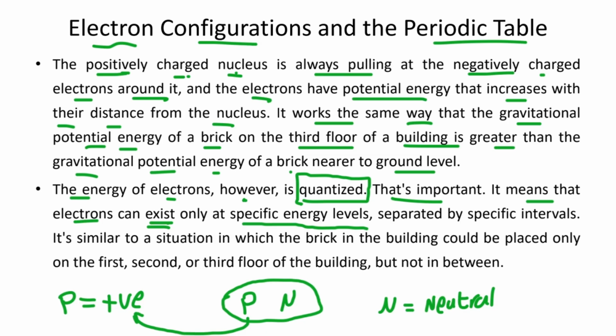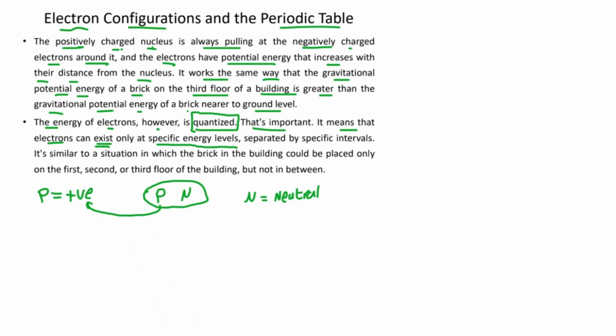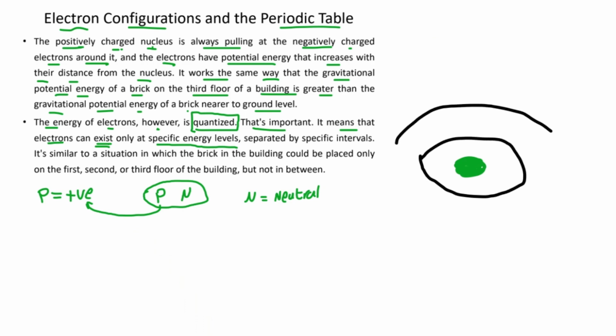Let's say that this is a nucleus that contains the protons and the neutrons, and around the nucleus we have orbits. Now the electrons can only be found in the orbits, and you will never find any electrons between the orbits.